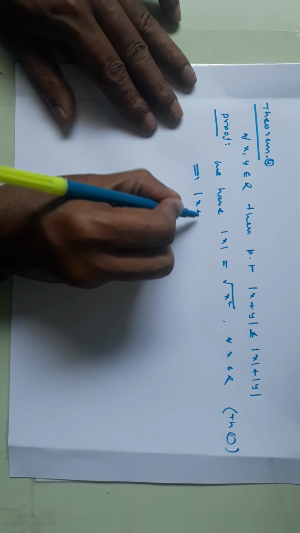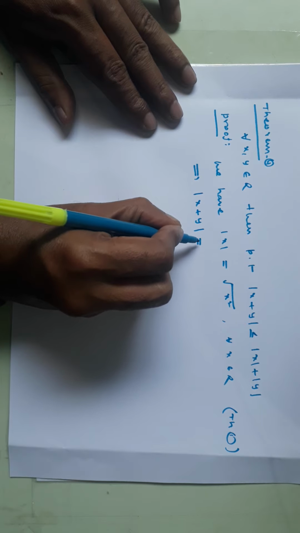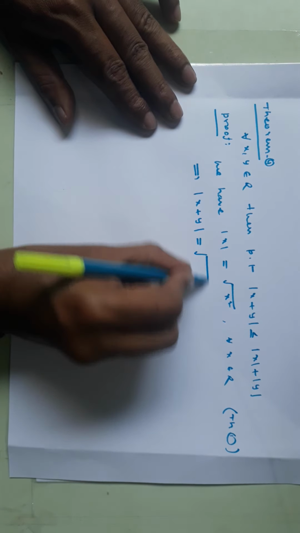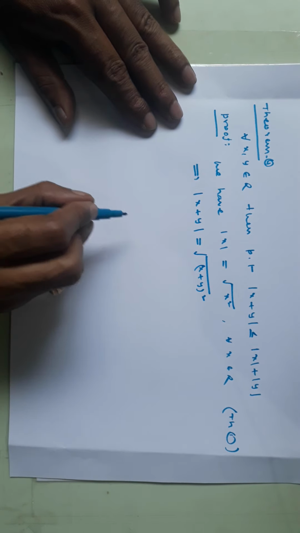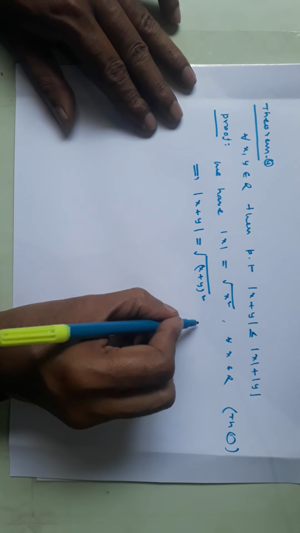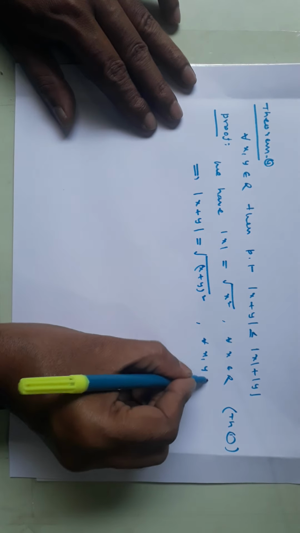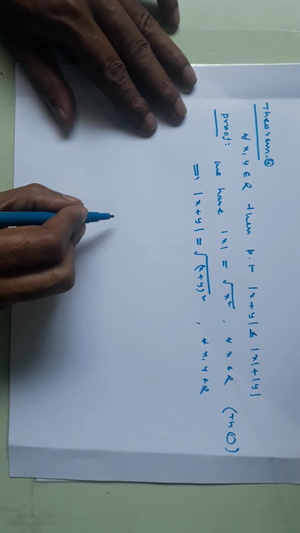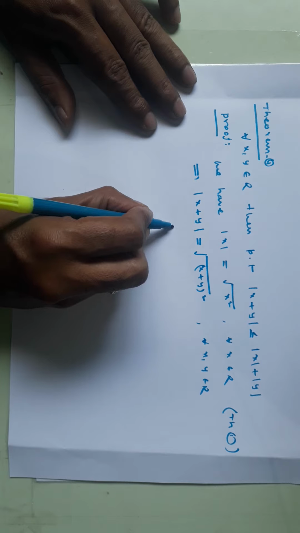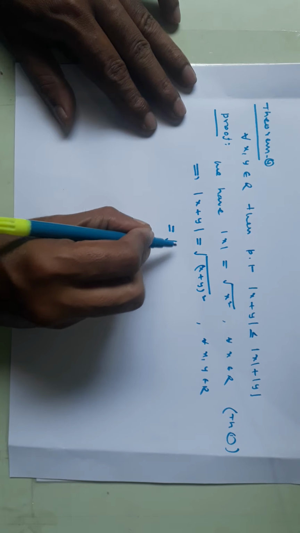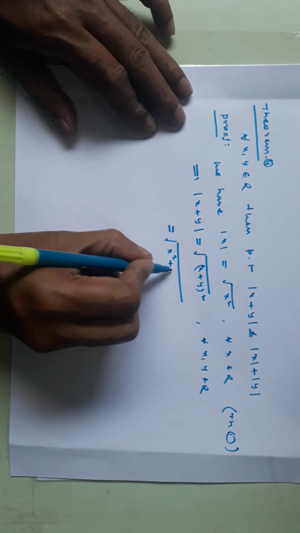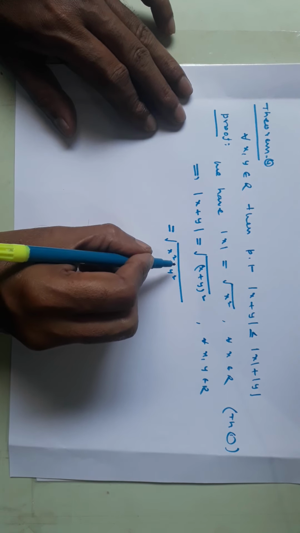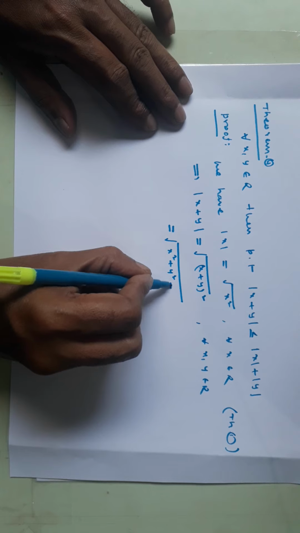Mod x plus y is equal to root of x plus y whole square, for all x comma y belongs to R, is equal to root of x square plus y square plus 2xy.